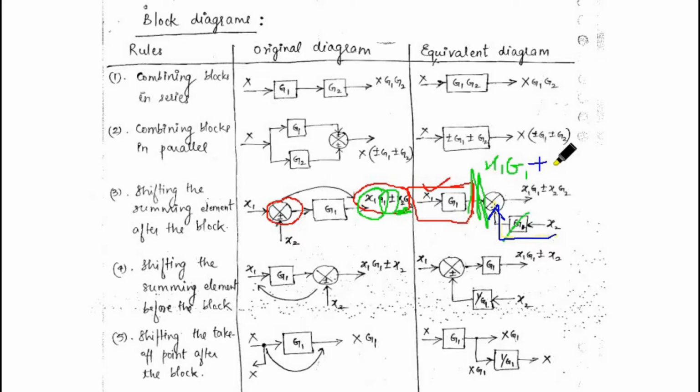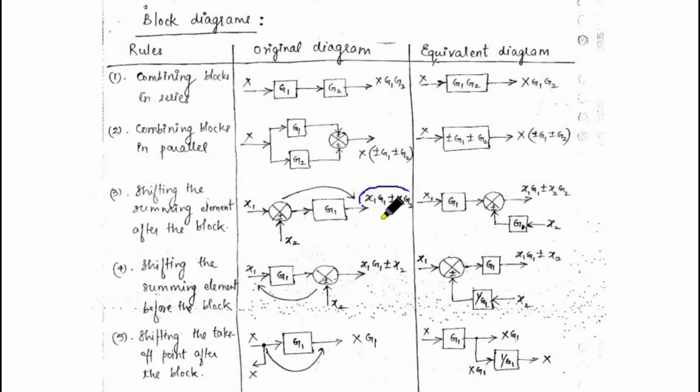So your output will be plus x2. But previously it was x1 G1 plus x2 G2. Now, if you neglect G2, it is x1 G1 plus x2, so the G2 term is missing.